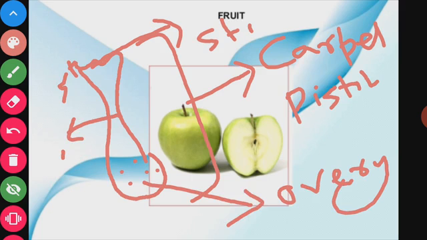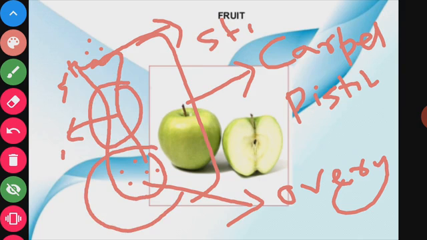What I told you is that the pollen grains are transferred from male anther to the stigma here. After that, these pollen grains are transferred from this stigma through this tube, the style, to the ovary here. Okay, they get fertilized with these ovules.